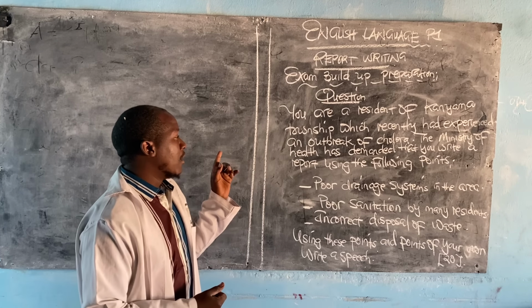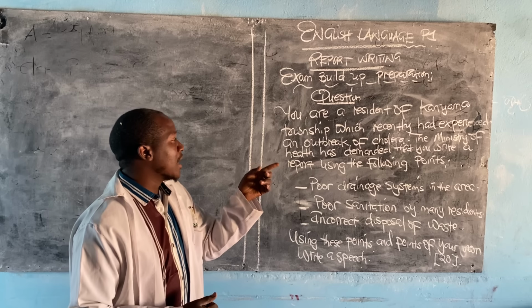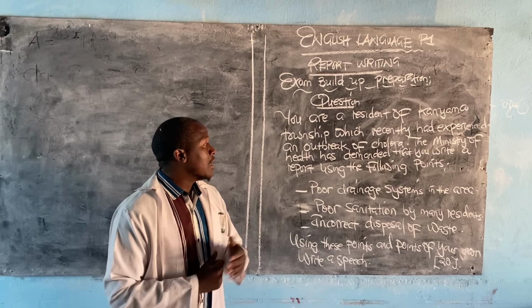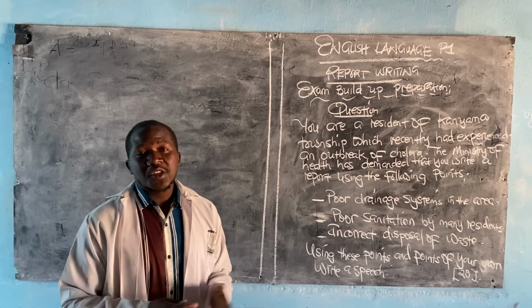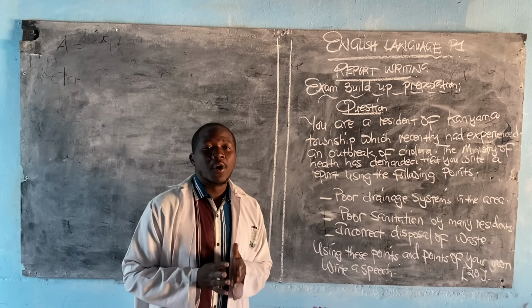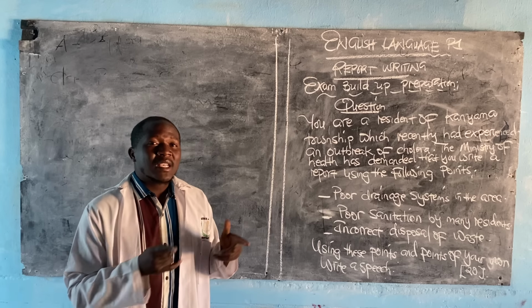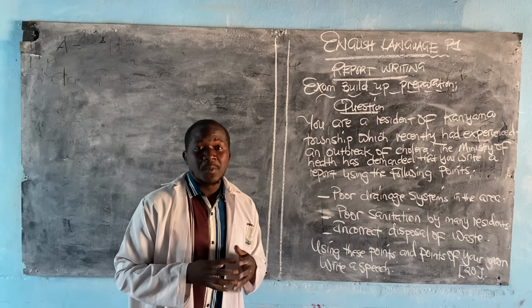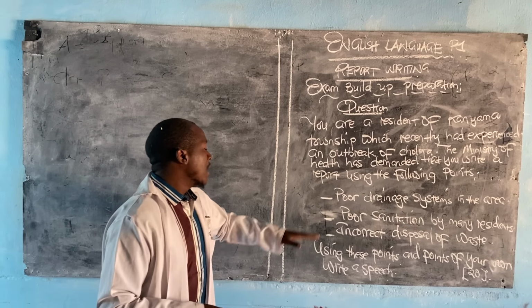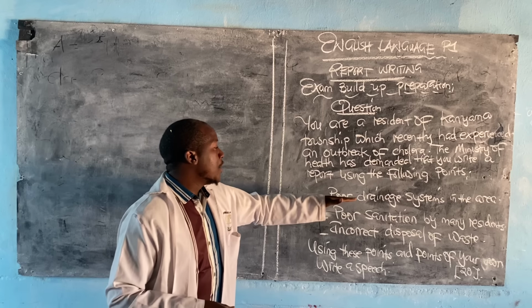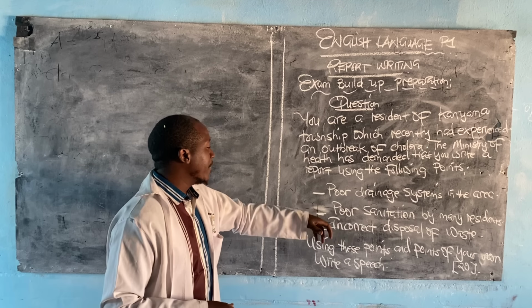The Ministry of Health has demanded that you write a report using the following points. So in short, we're trying to write a report as demanded by the Ministry of Health based on the cholera outbreak experienced in Kanyama.